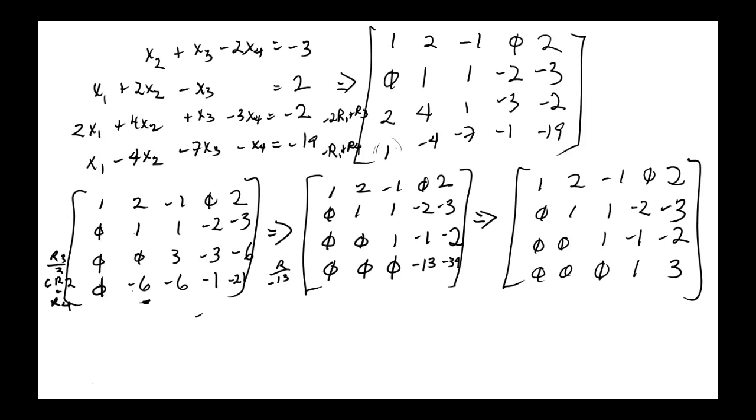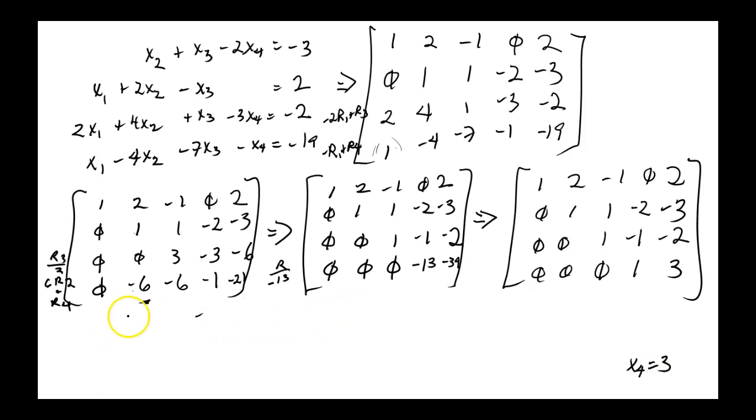So now we can do our back substitution. Where will we begin? We'll begin at the bottom. Right. And remember that the 4th column represents x sub 4. So we know right now that x sub 4 is equal to 3. Now we just plug it into the next row.